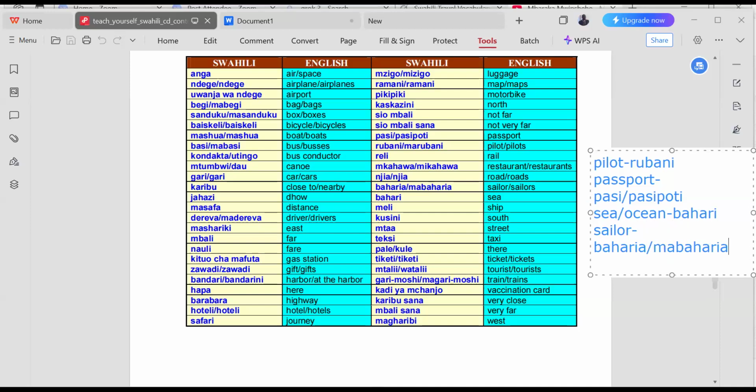Mabaharia or baharia on the water. So those are also a few things to use on water. Any questions so far? I think I've tried to cover the basic vocabulary for travel.